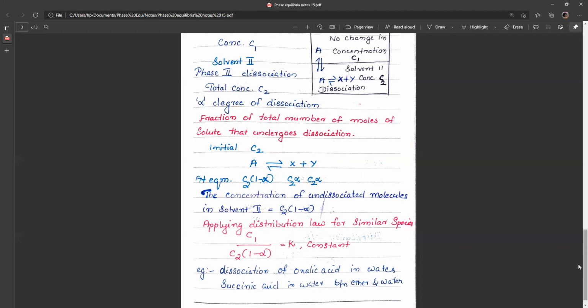In the succinic acid system, ether and water are two immiscible liquids, and succinic acid undergoes dissociation in water. That's all about systems in which the solute undergoes dissociation in one of the solvents or association in one of the solvents. Thank you.